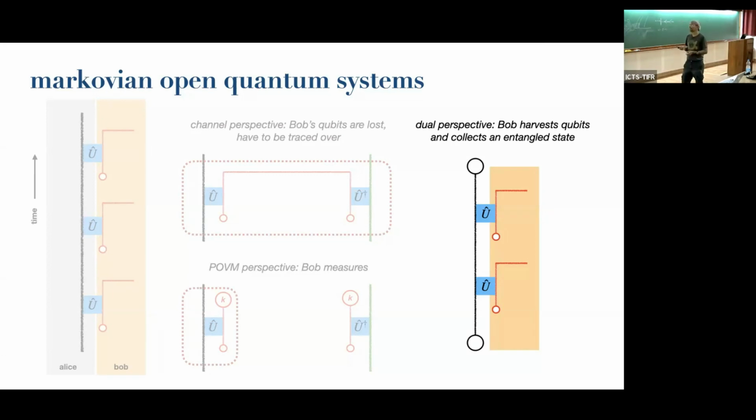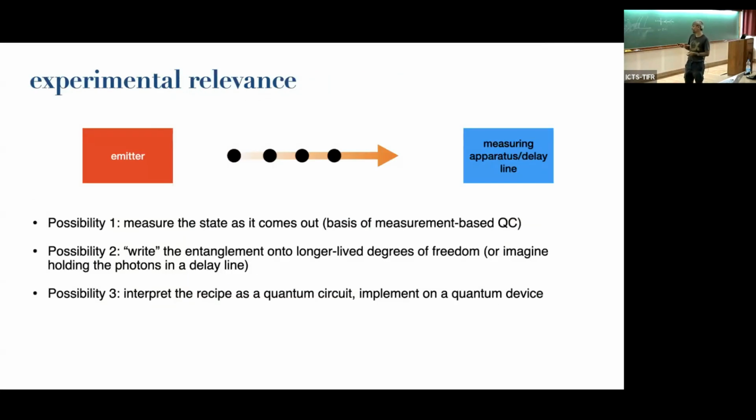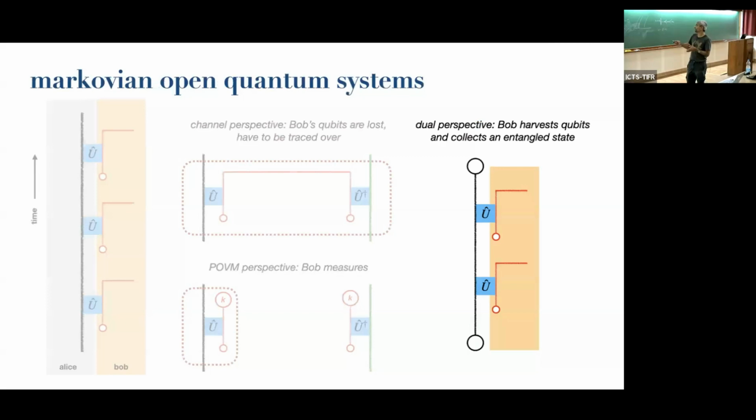Right. Yeah, great. So do keep asking questions. Anyway, so that's the logic of doing this. But for most of the rest of this talk, I'm just going to say this is what we care about, this kind of object. And I want to ask what the properties of this kind of object are.